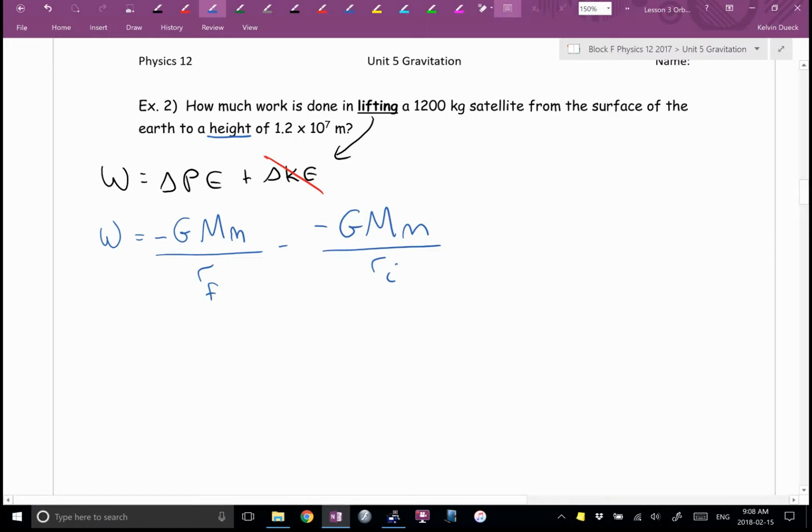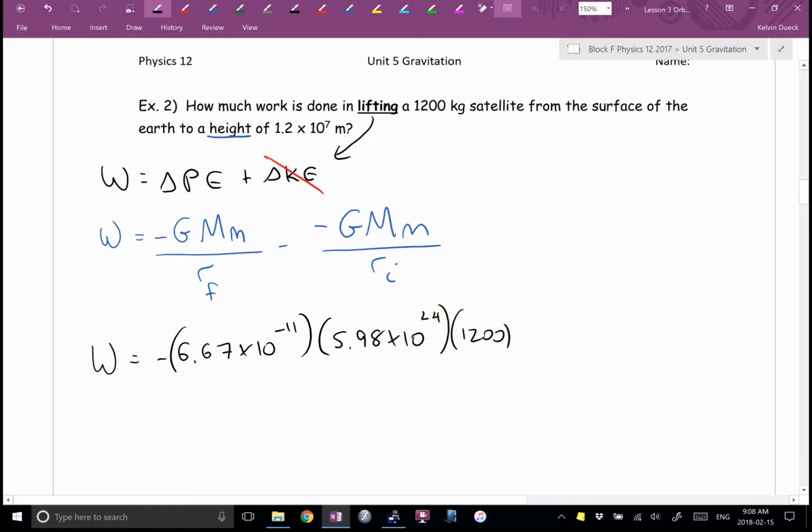Plug and chug. Negative. What's big G? What's big M? What's little m? 1200. Oh, I should have asked, does the little m cancel here? No. And you know what?